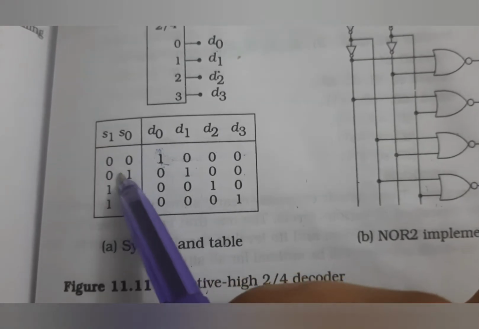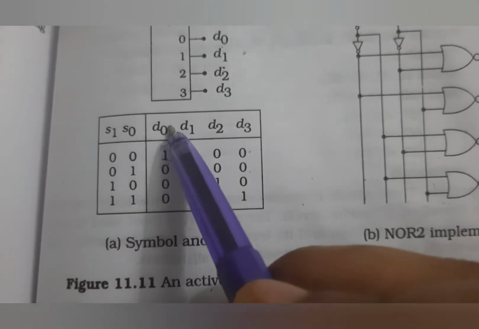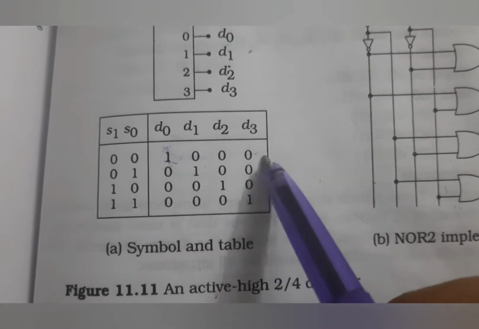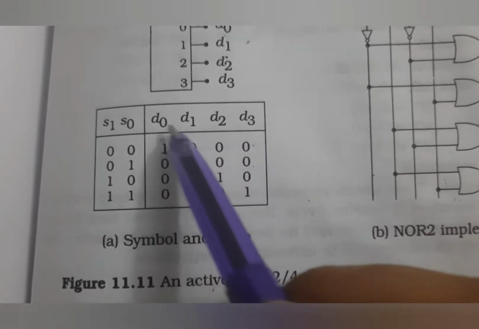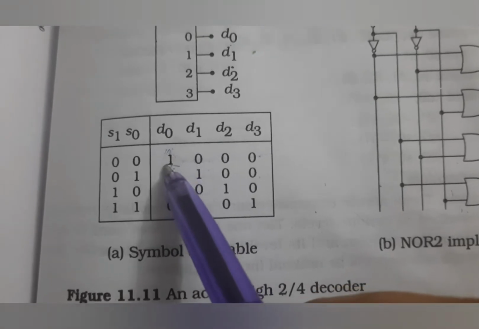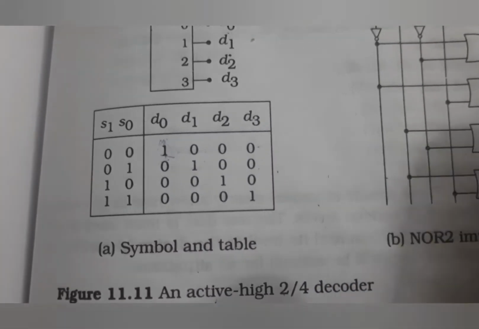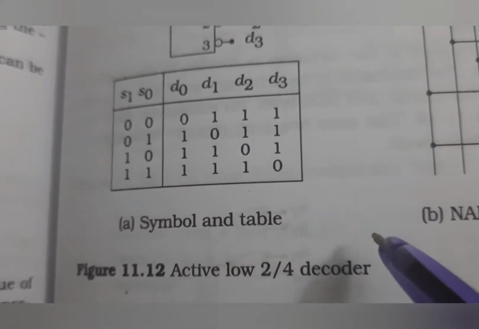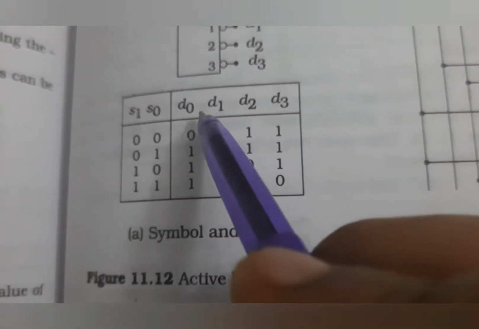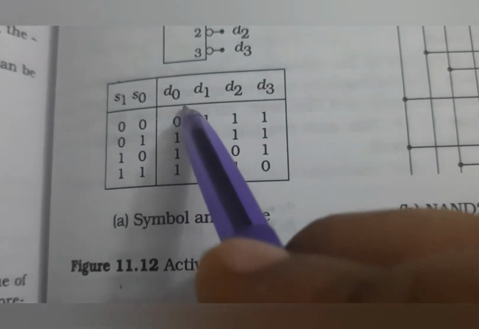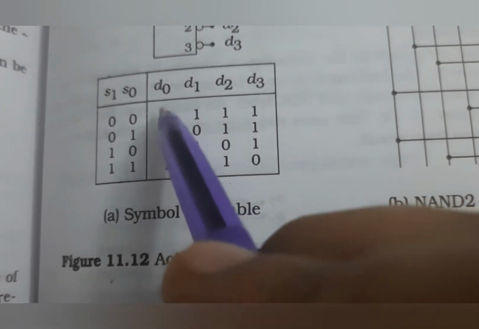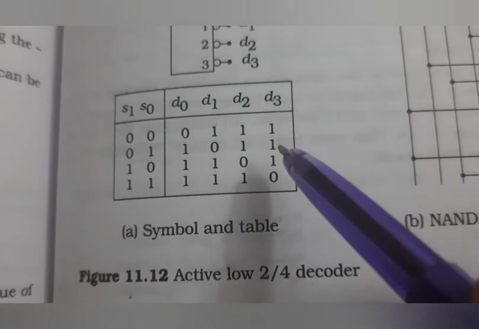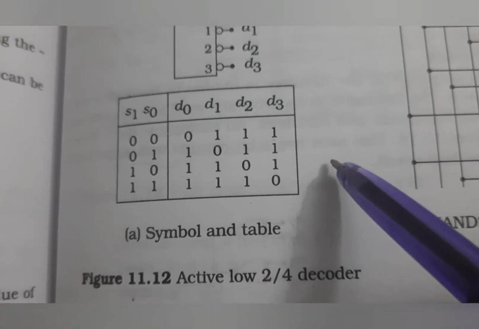Similarly, in an active low 2 to 4 decoder, if you want to select D0, it is reset to 0 and all other values are set to 1.